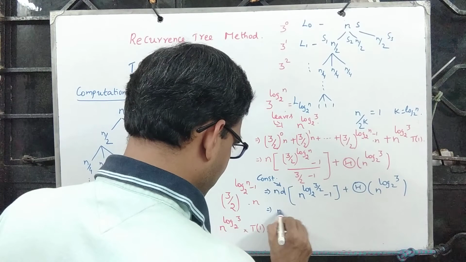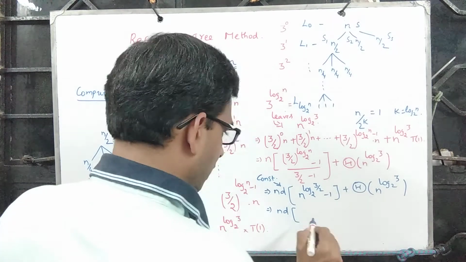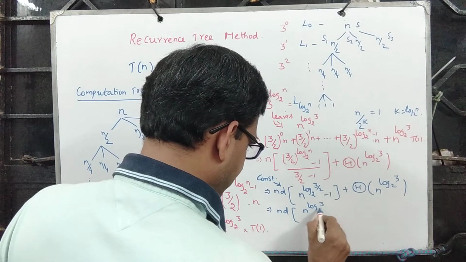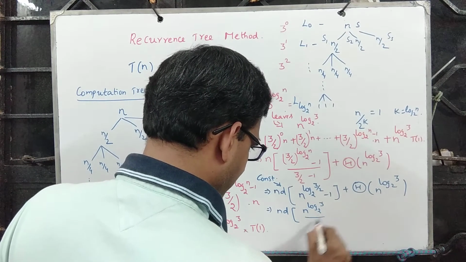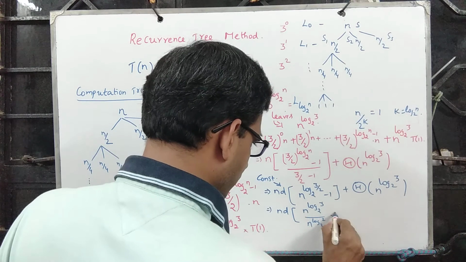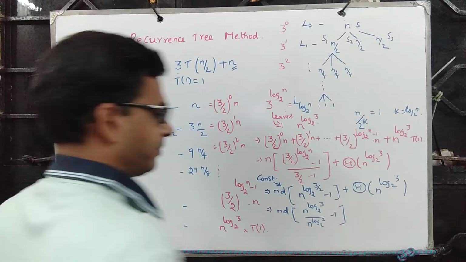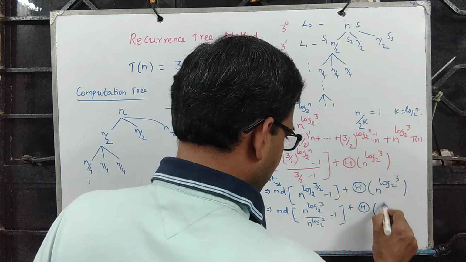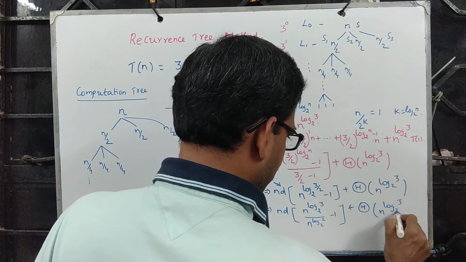This is nd times n power log 3 base 2 divided by n power log 2 base 2 minus 1, plus theta of n to the power log 3 base 2.